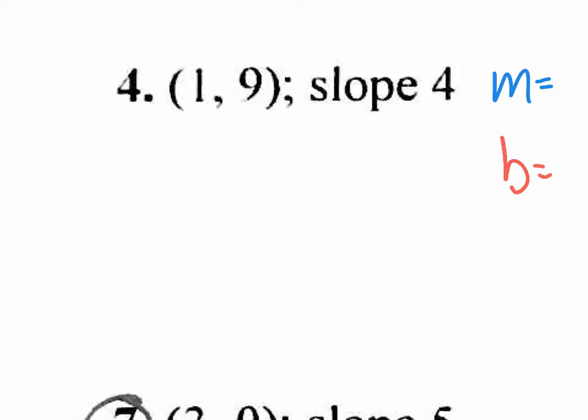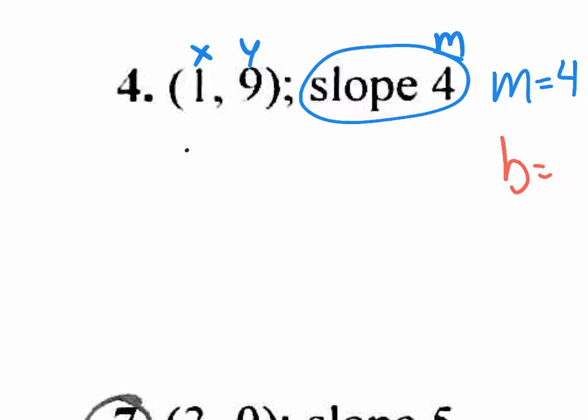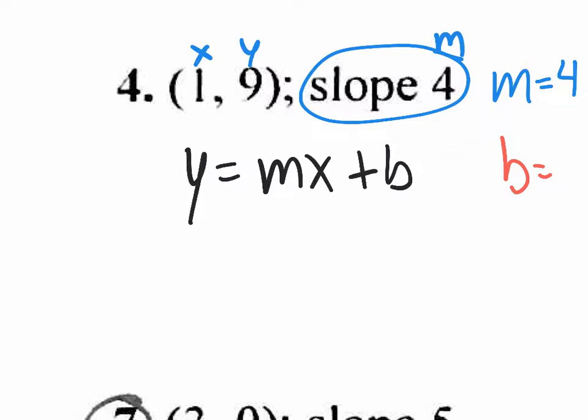Okay? So what did we have to do last week? Well, they gave us the m, it's right here, 4. We needed to find the b, and how did we do that? Well, they gave us an x, a y, and an m, and we plugged it all into y equals mx plus b. The y value is 9.